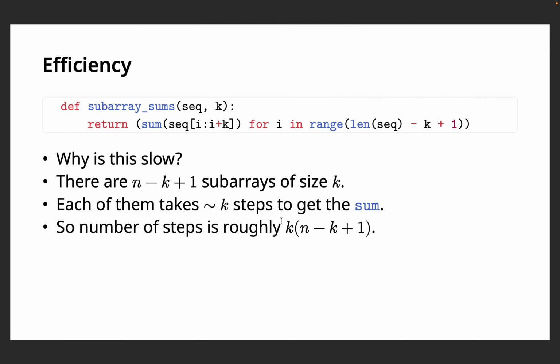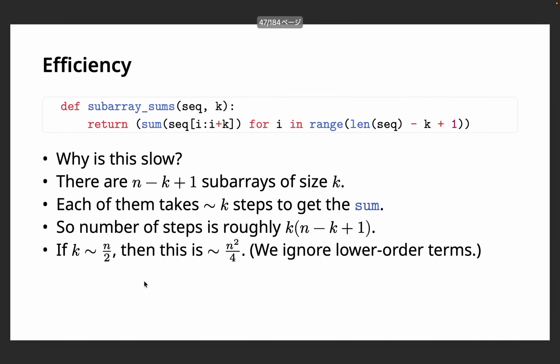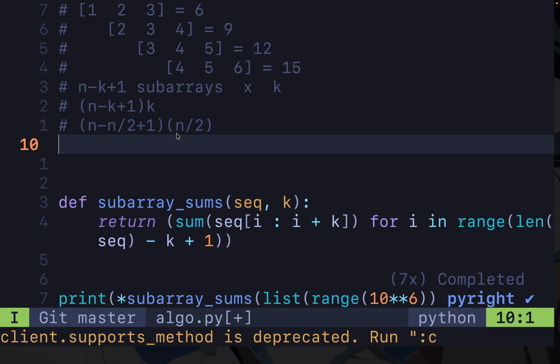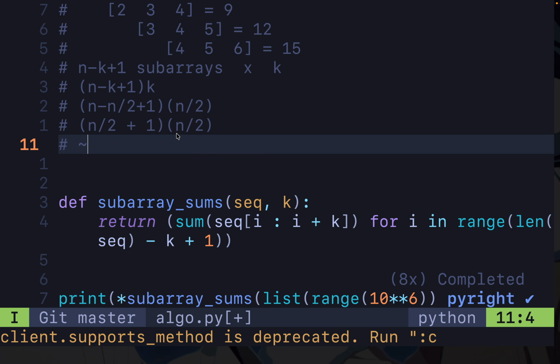Okay, so this is the number of steps, and if k is around half of the length of the sequence, then this is going to become n squared over 4. So just to demonstrate that here, if this was n minus n over 2 plus 1 times n over 2, then this is roughly equal to n over 2 plus 1, n over 2, or this is around n over 2 squared, or n squared over 4.